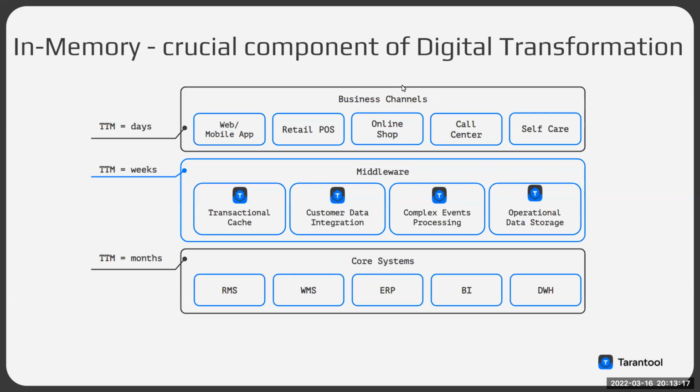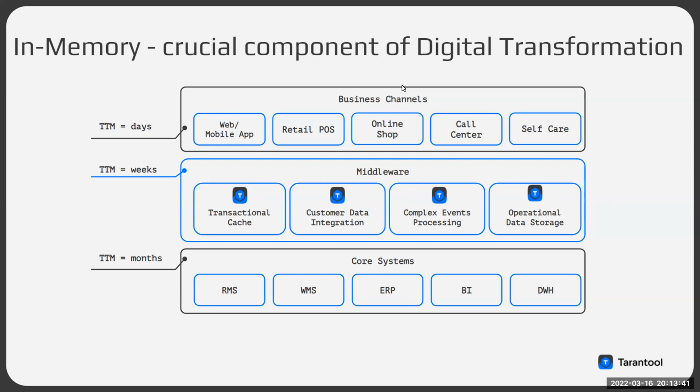In-memory technologies play a crucial role when talking about a bridge between the business channels, which can be services or applications, and the core systems that each and every company has. Core systems can be ERP, data warehouse, BI, whatever.